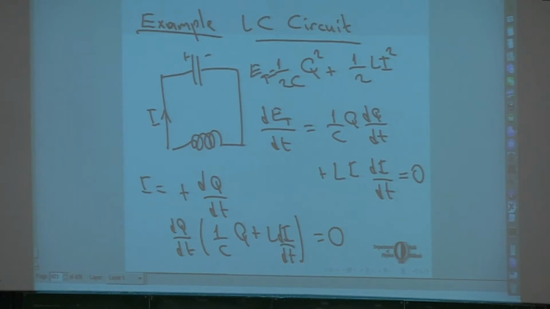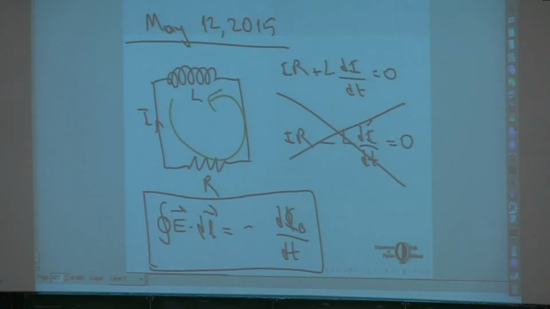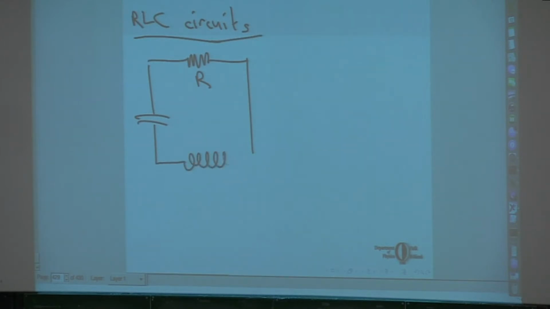Now let's put all of them together. We have a resistor, a capacitor, and an inductor.